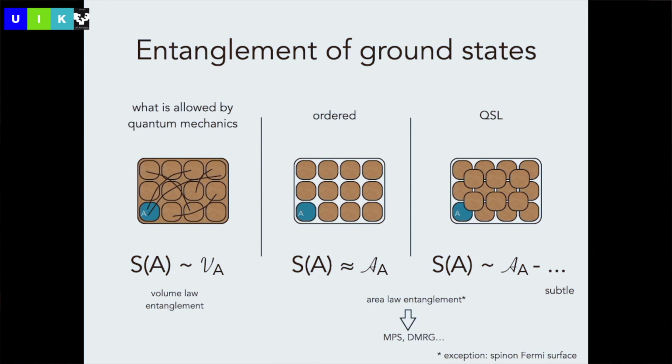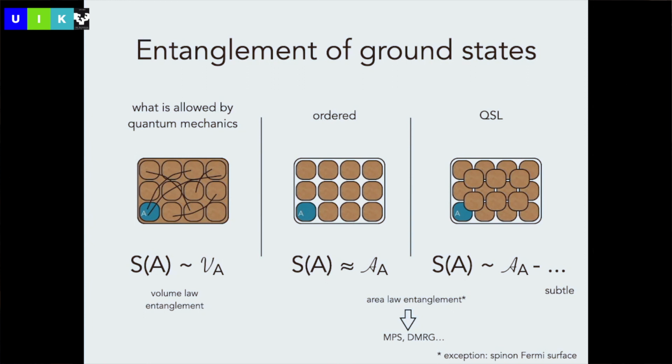That is, the entanglement entropy of your subsystem A scales like the volume of your subsystem A. Okay, and these states actually exist, but they are very rarely, if not never, actually ground states of your system. They're more like excited or random states in your system.